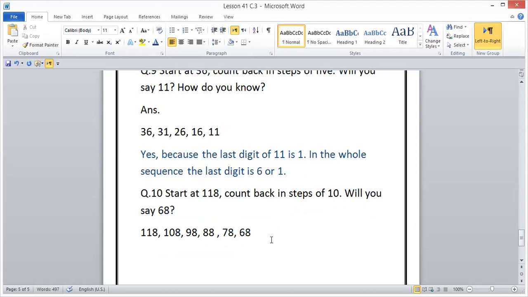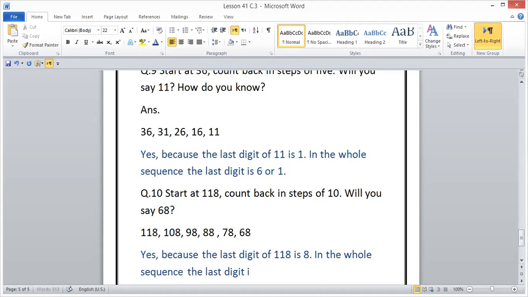And question number 10, you will write the pattern and then you will say yes, because the last digit of 180 is 0, and in the whole sequence or pattern, the last digit is same. This is the answer.